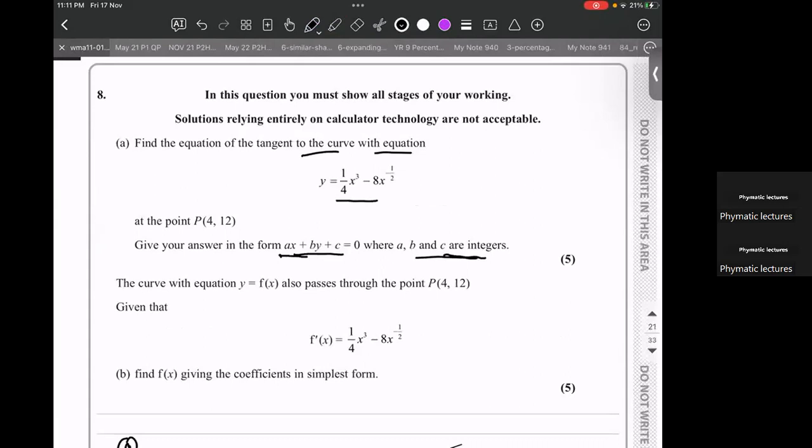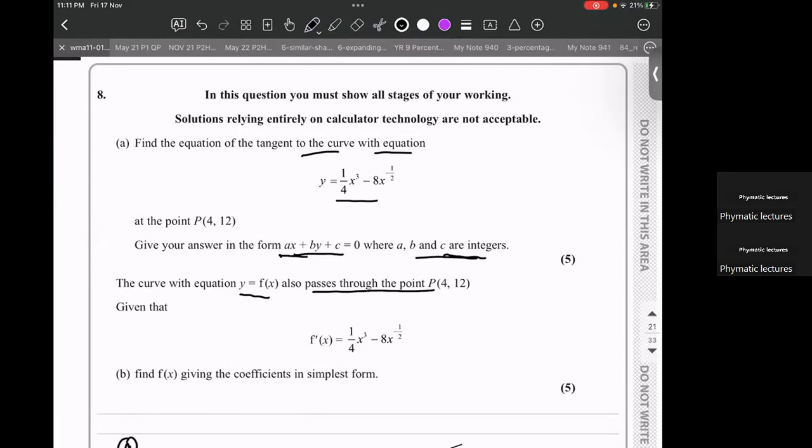Now, the curve with the equation y is equal to f of x also passes through the point 4, 12.